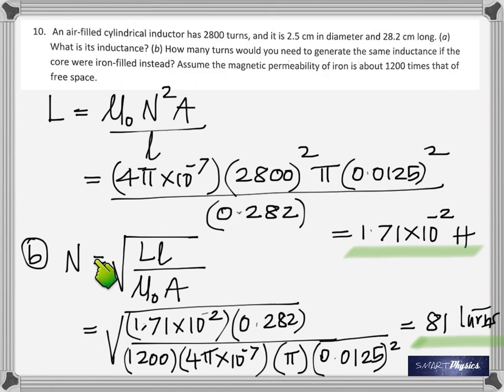Make n the number of turns, and in place of mu naught, multiply 4 pi times 10 to the negative 7 with the magnetic permeability of iron, which is 1200. Because the problem says the permeability of iron is 1200 times that of free space, isn't it? So that's why you get that. So the answer is 81 turns.